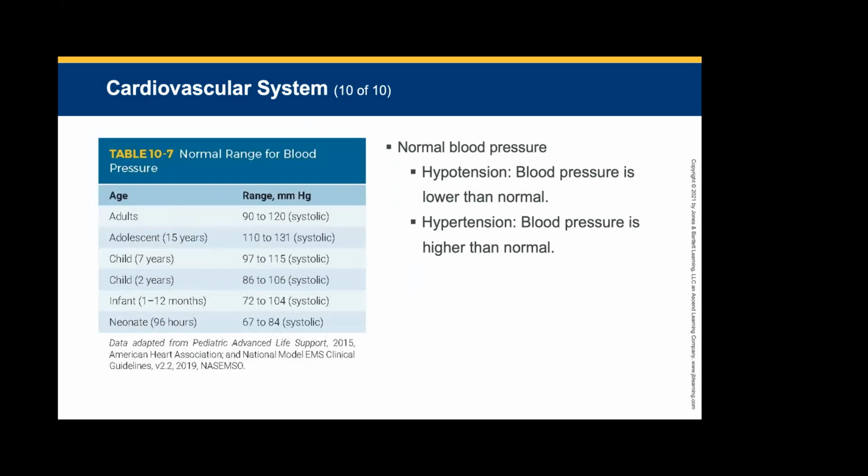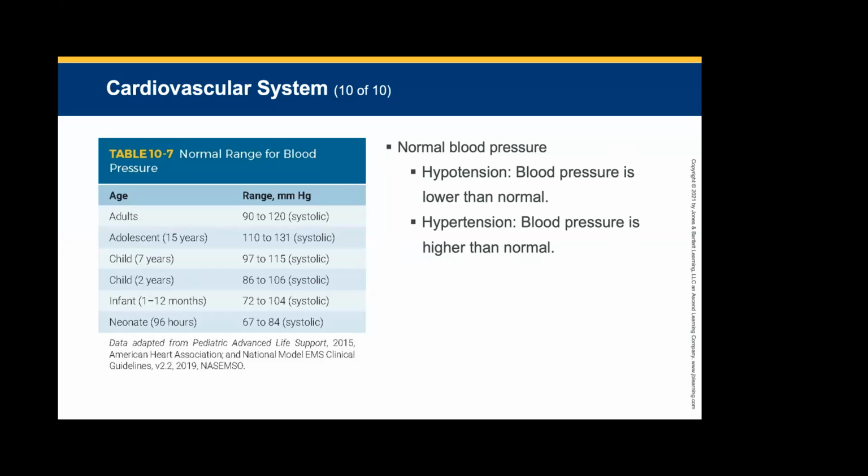Here is your regular, normal range for blood pressures. Hypotension is blood pressure lower than normal. Hypertension is higher. I would remember those two words, the hypo and hyper. Remember, we can break them down. Please don't make me go through that class again, because that was a traumatic event for me, trying to break that stuff down for y'all. But hypo and hyper are very important so you know which one is which.